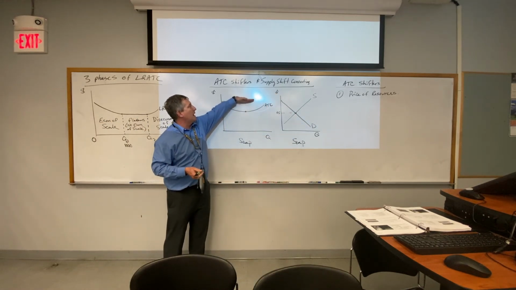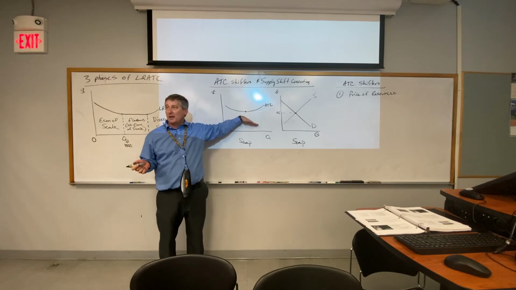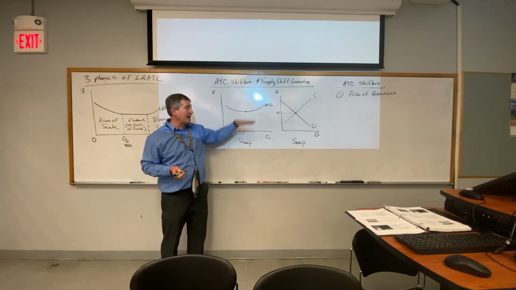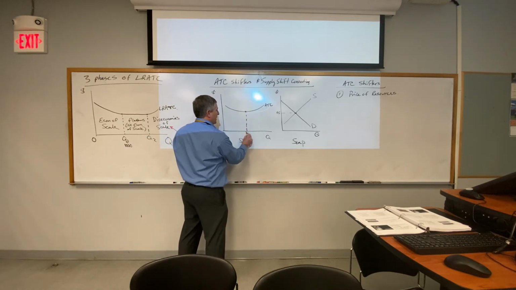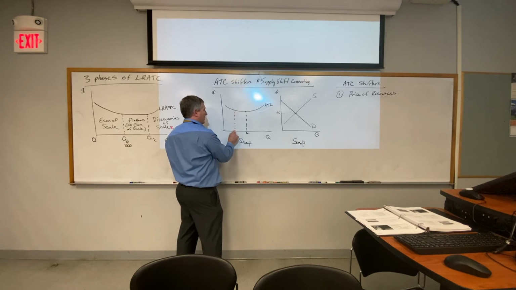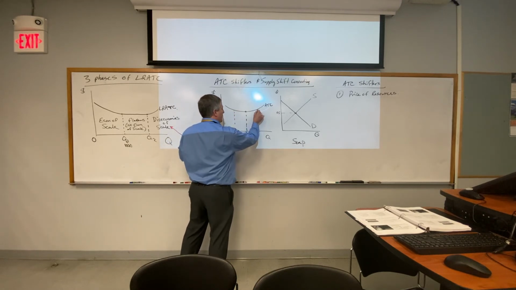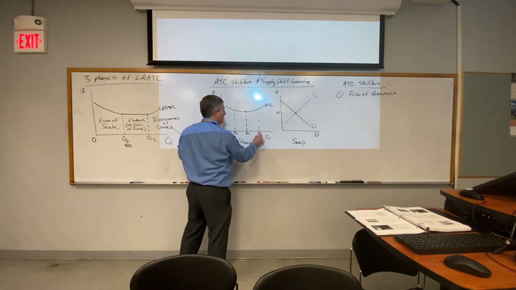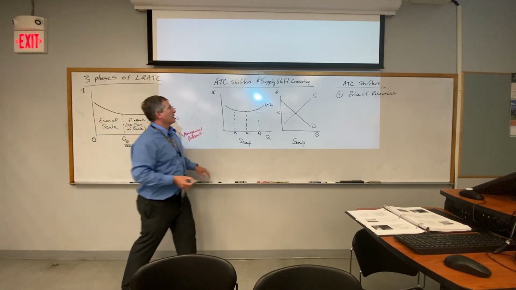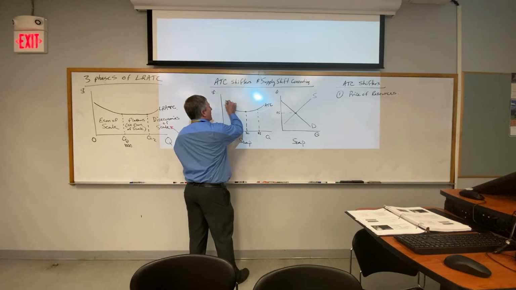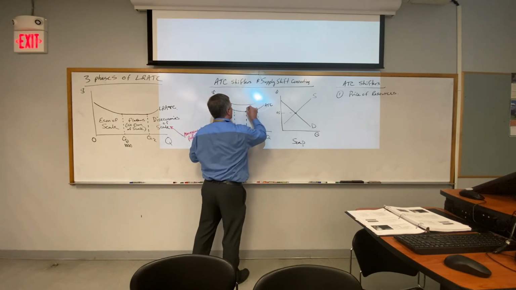Is this thing going to shift up or down if goat milk goes up? It's going to go up, right? So at each level, whether we think about producing 30 bars of soap, 15 bars of soap, or 45 bars of soap, if goat milk goes up, then we're going to have an average total cost curve shift up vertically by that amount.